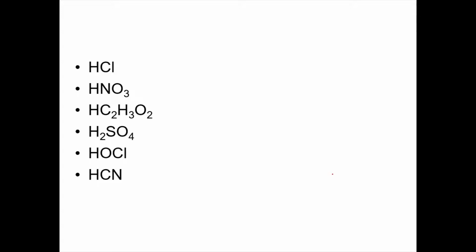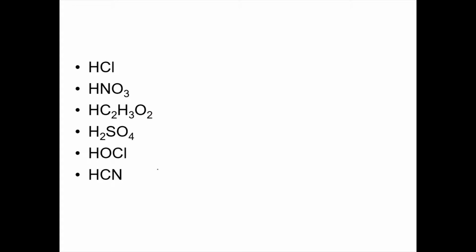So here I have a list of 6 different acids. The first one is hydrochloric acid. The second one is nitric acid. The third one is acetic acid. The fourth one is sulfuric acid. The fifth one is hypochlorous acid. And the sixth one is hydrocyanic acid. We actually went over how to name these first semester. I don't know if you remember, but there was a naming convention. Basically, an acid is an anion, a negative ion, with enough hydrogens on it to form a neutral compound.